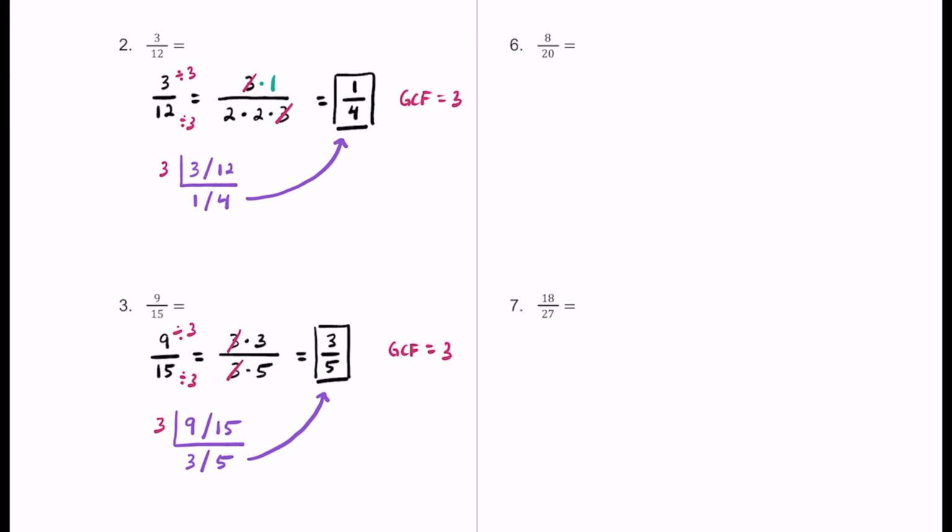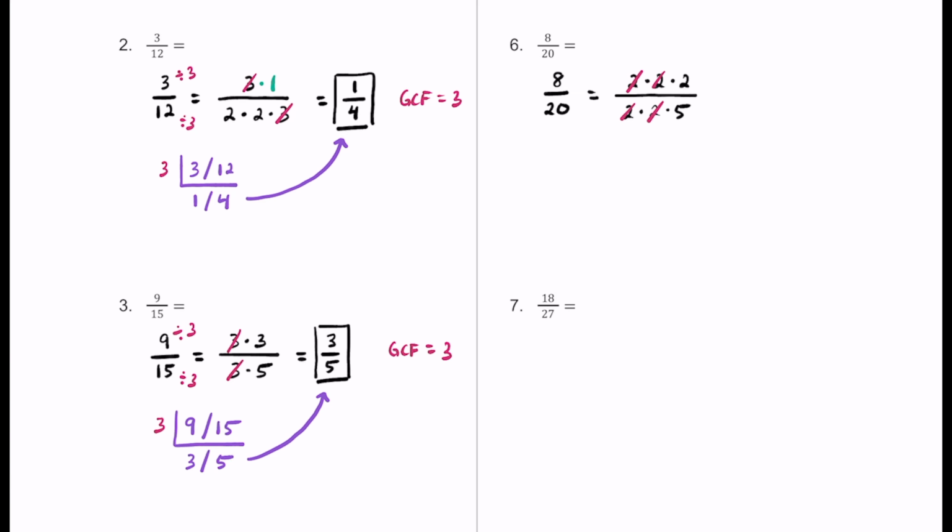For number 6, we have the fraction 8/20. And let's see what happens if we break this down. If you've done a lot of prime factorizations, you might know 8 already breaks into 2, 2, and 2. Right? And then 20 breaks into 2 times 2, which is 4, and then 4 times 5 is equal to 20. And what do they have in common? Well, they both have a 2, and they both have another 2.